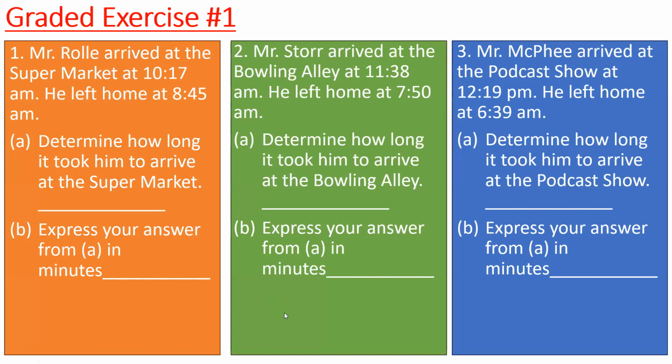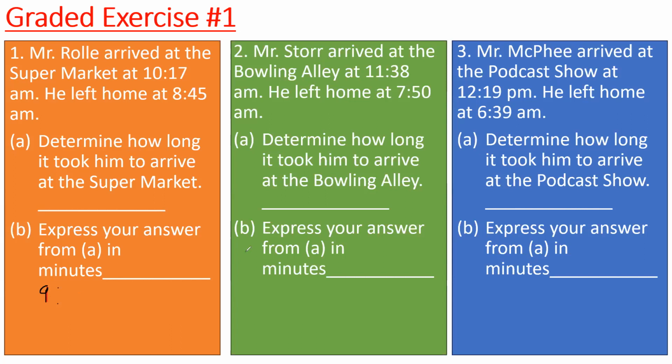So for number one, it says Mr. Roll arrived at the supermarket at 10:17 a.m. He left home at 8:45 a.m. Part A says determine how long it took him to arrive at the supermarket. The first thing you want to do is write down the time, with hours in one column and minutes in the other.